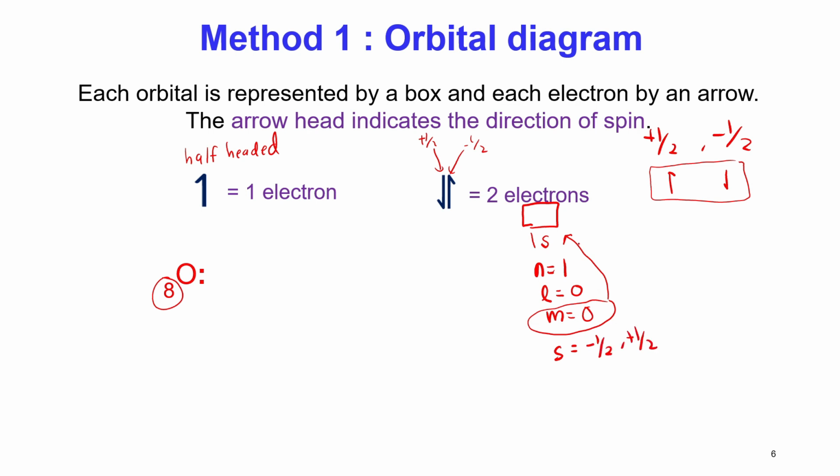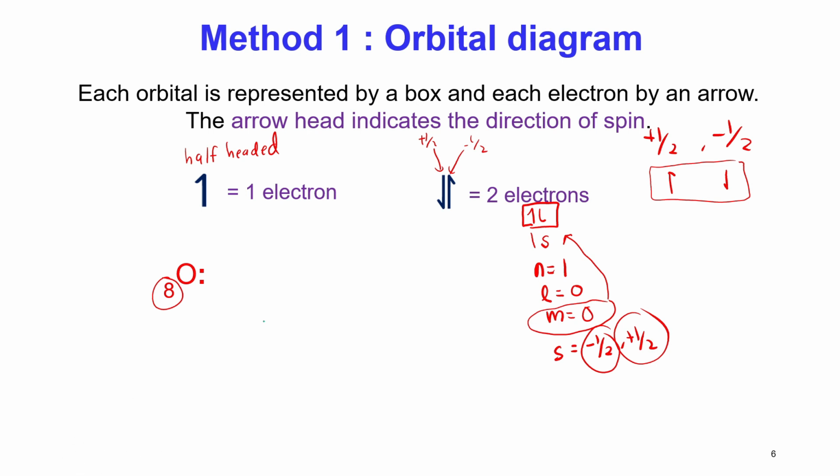Meaning in each box, in the 1s box or 1s orbital, we have two electrons. Satu tu ialah positive half, satu lagi tu ialah negative half. Then this one refers to the first energy level.